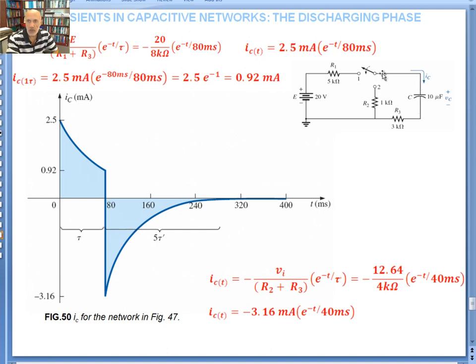Now the change of direction is going to discharge through R2 and R3. So to calculate the current instantly at that point would be negative current, minus V sub I divided by R2 plus R3. That gives you minus 3.16 milliamps with a time constant of 40 milliseconds. So the current at 0.92, when you switch to position 2, will drop down to negative 3.16, and after that it's going to build up and go back to 0 again when the cap is completely discharged.